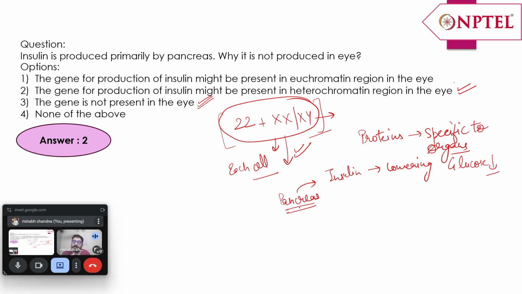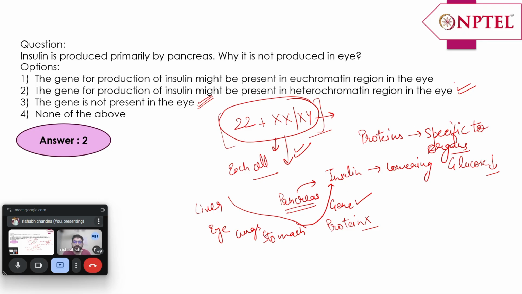There is no other site of production of insulin. So in other organs, for example in liver, in eye, in lungs, in stomach, I am taking some examples, in all these cases the gene of insulin is present, but there is no protein production there.